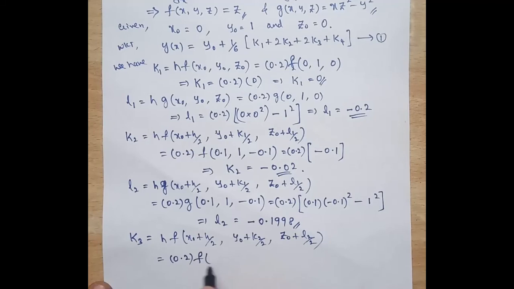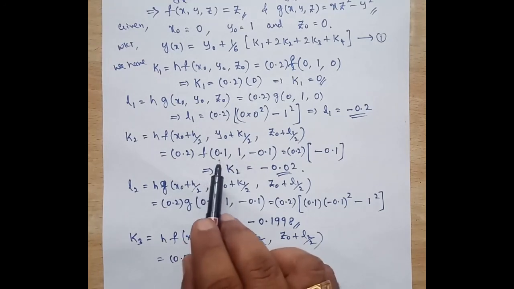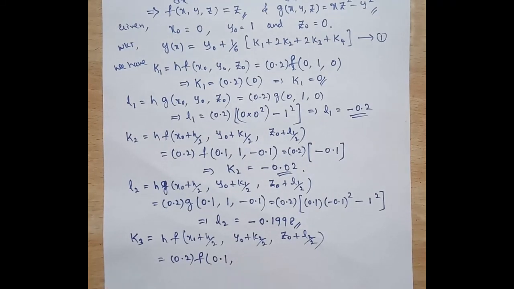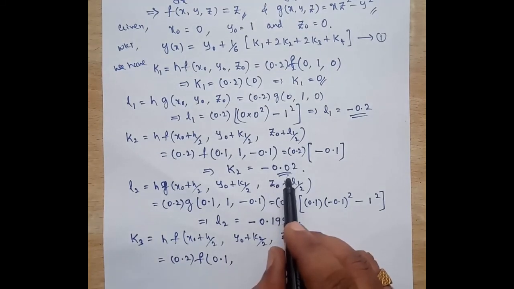0.2 into f of x naught plus h by 2, we already did. It is 0.1, comma, y naught plus k2 by 2. K2 is minus 0.02.